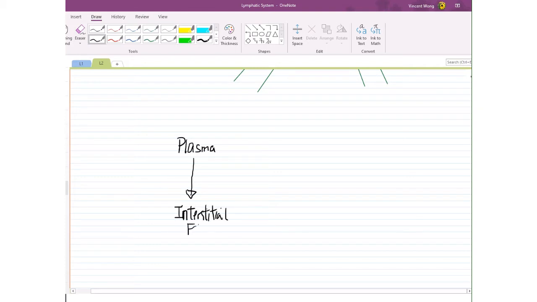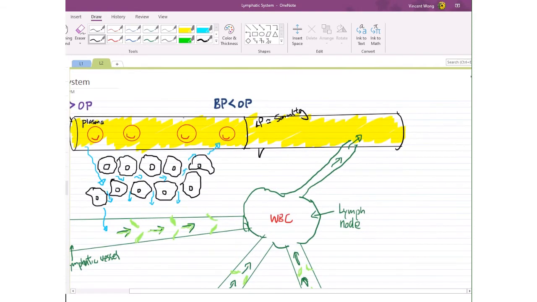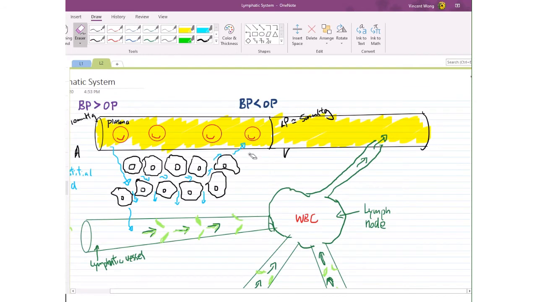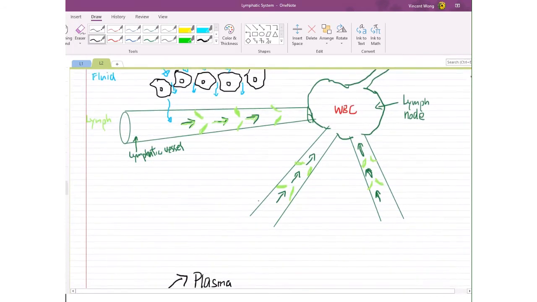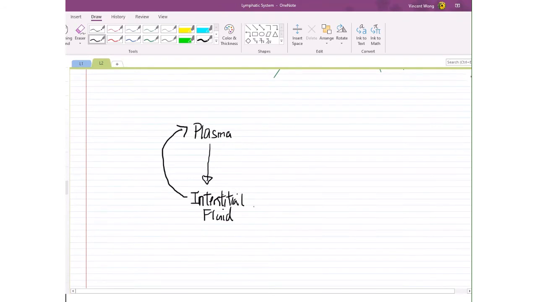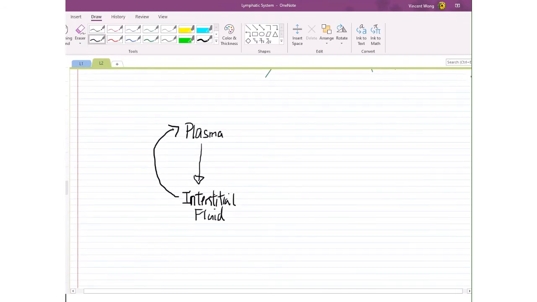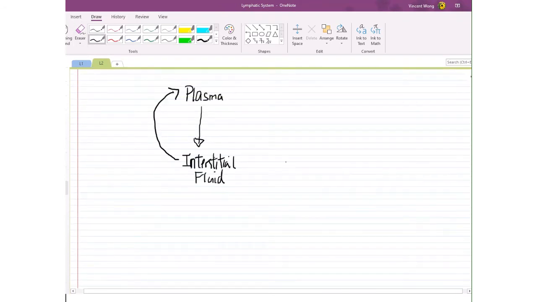Some of this interstitial fluid will then return to the plasma on the venous side, and you can see it right here. The blue thing comes out, and then some of it is going to go back on the venous side, but some doesn't, because the pressure difference is not the same on the arterial side and the venous side, so you won't be able to take everything back.